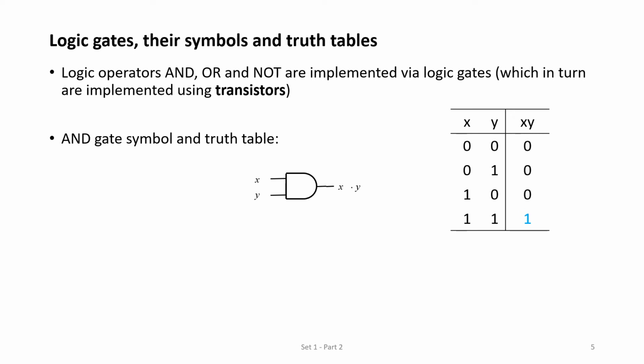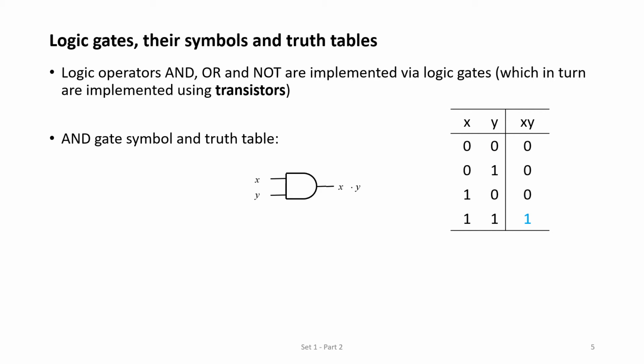This is the symbol for AND gate, and here is the truth table for the AND gate. This is the AND gate with two inputs, X and Y, and this is the output X dot Y. The truth table has all the outputs for the four possible combinations of inputs that we can have.